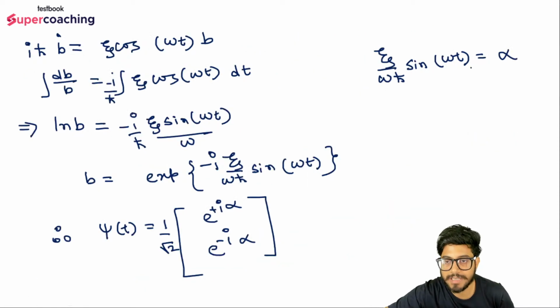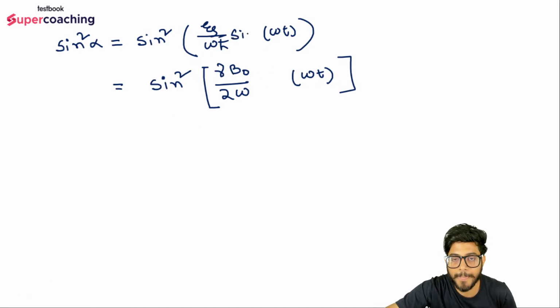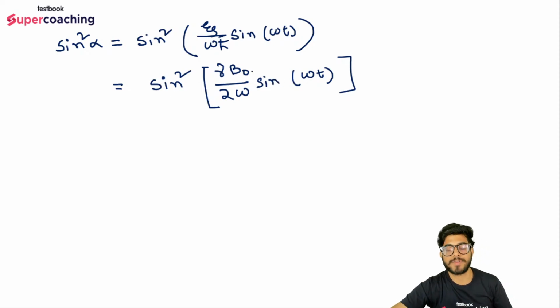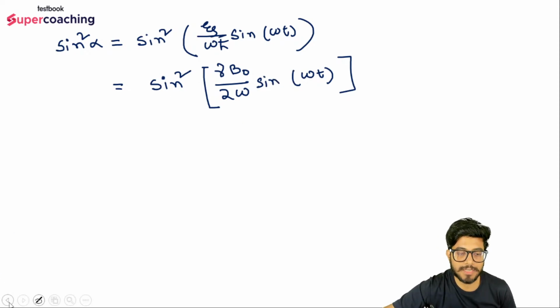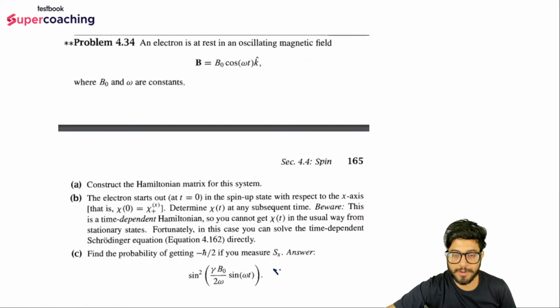And alpha is basically zeta by omega times sin omega t. Done. I think now it's clear. Sin square of b naught by 2 omega sin omega t.